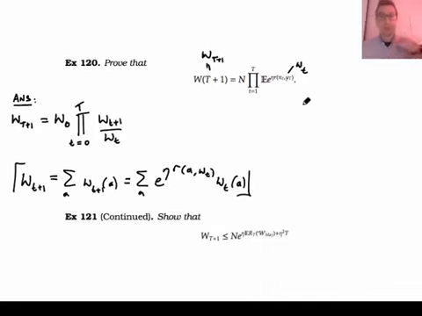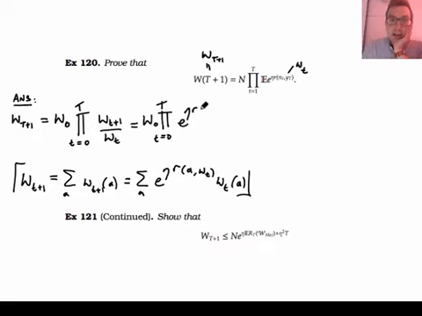All right. So if I look at the bit that's inside this product here, okay, I'm going to get W is 0, product from t equals 0 to t, all right, e to the eta r a of w t. Oh, and I should leave a little bit of space for a sum, shouldn't I? Apologies.